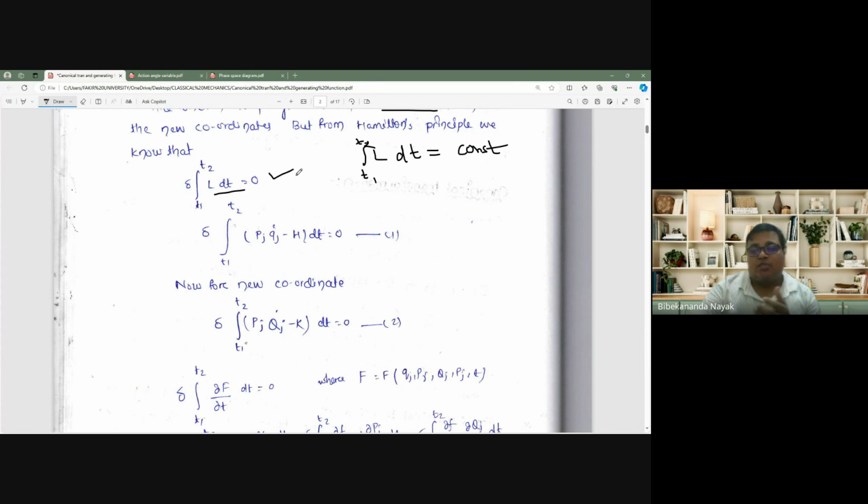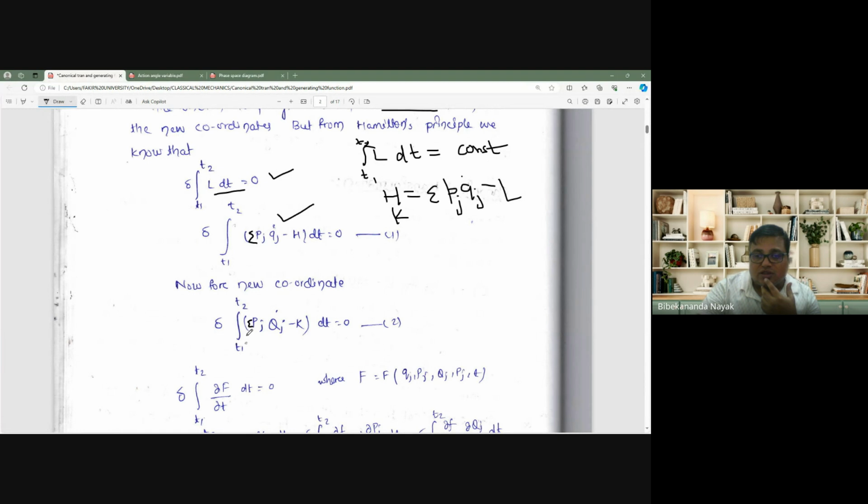We also know that L is equal to summation of Pj Qj dot minus H. You know it from the last class: the Hamiltonian and Lagrangian are related by the equation H is equal to summed over Pj Qj dot minus L. From this you can say L is equal to summation of Pj Qj dot minus H. Where there is a subscript there is a summation; in books it is not written, because a repeated subscript means there must be a summation. In the new coordinates this Lagrangian will become summation of Pj Qj dot minus K, because K plays the role of H in the new coordinate system.